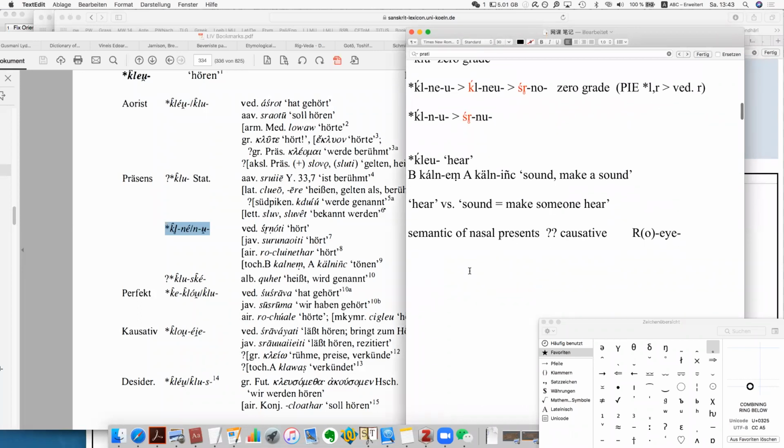And another possibility goes back to the words meaning perception. The words meaning perception usually can have, how to say that, the reciprocal meaning.